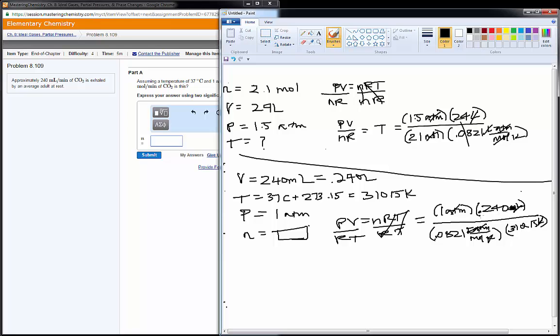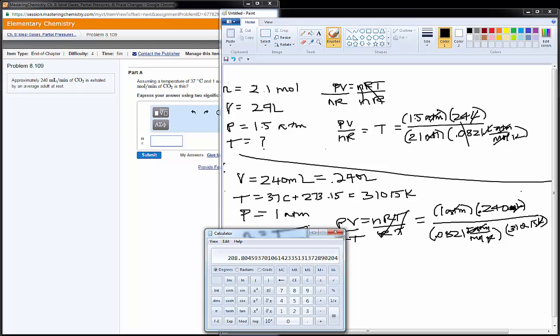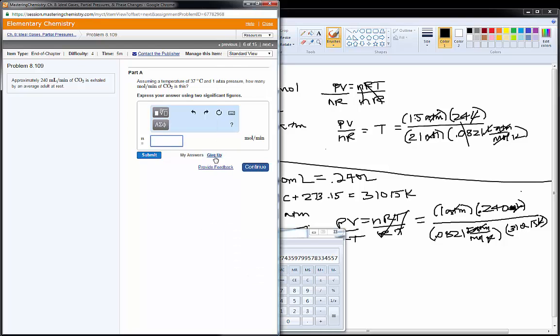Kelvin will cancel, and 1 divided by 1 divided by moles gives me units of moles. So I'll plug these in. That gives me 0.0094 moles.